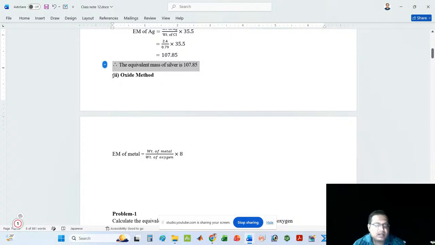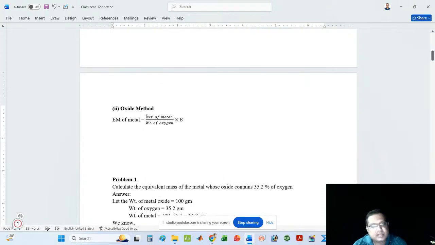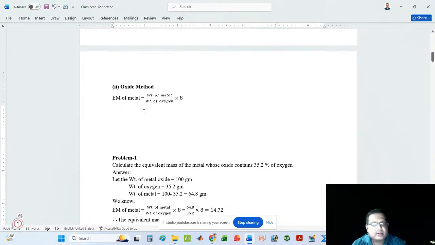Now think about the oxide method. Like the chloride method, you can also write the formula for the oxide method. Equivalent mass is equal to weight of metal divided by weight of oxygen into 8.